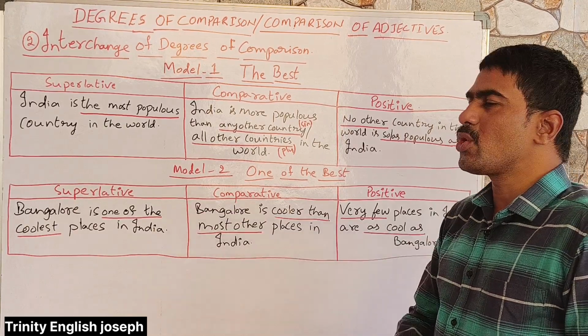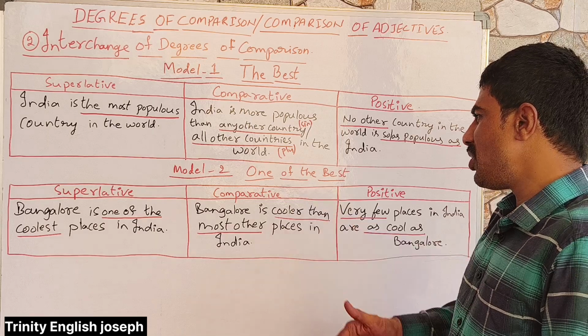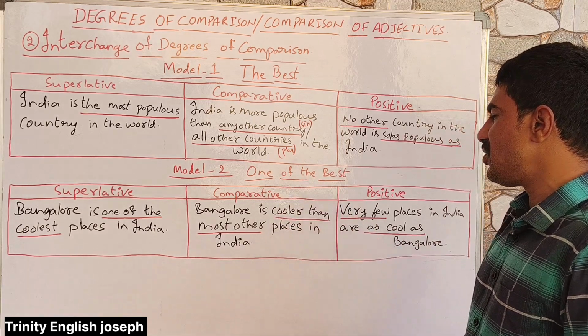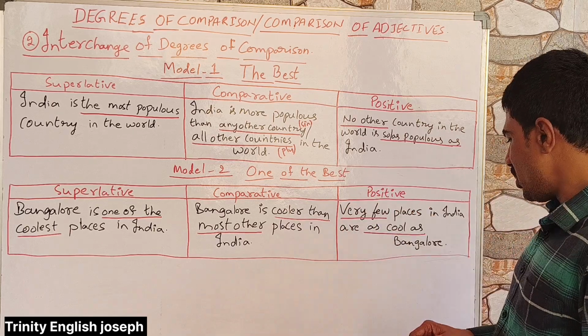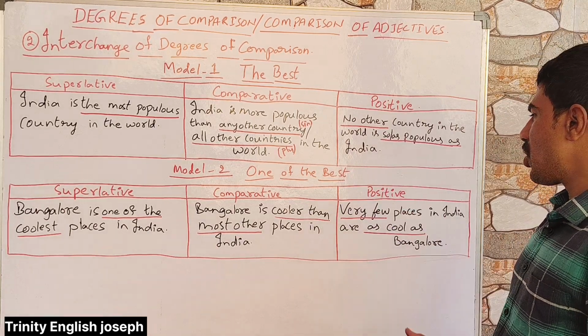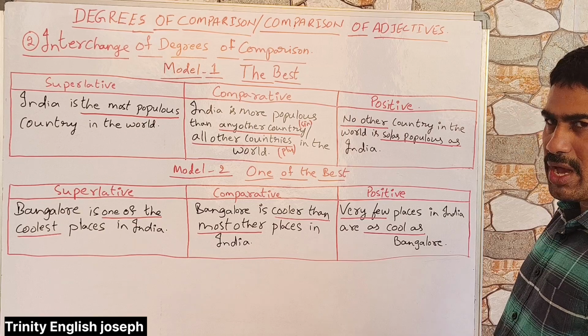So it is one of the coolest, meaning there are also others like this. And coming to the comparative, Bangalore is cooler than most other places in India, or many other places in India. Coming to positive, we use the words very few: very few places in India are as cool as Bangalore.